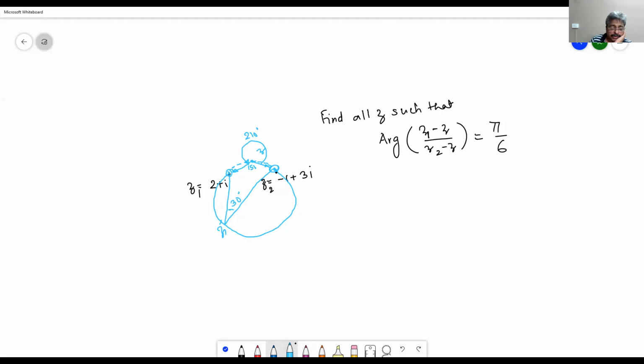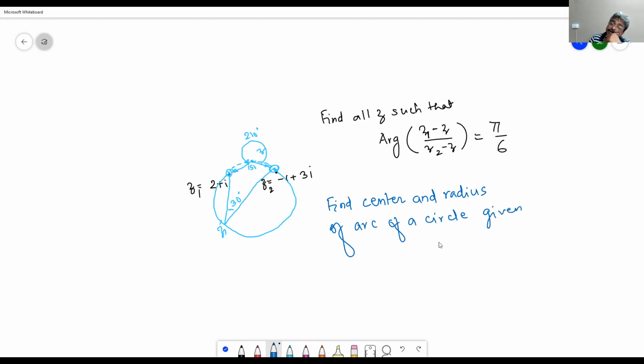So without roaming around and checking what the answers are, maybe let us first find the center and radius of an arc of a circle, given z1, z2, and argument of z1 minus z upon z2 minus z is equal to alpha.